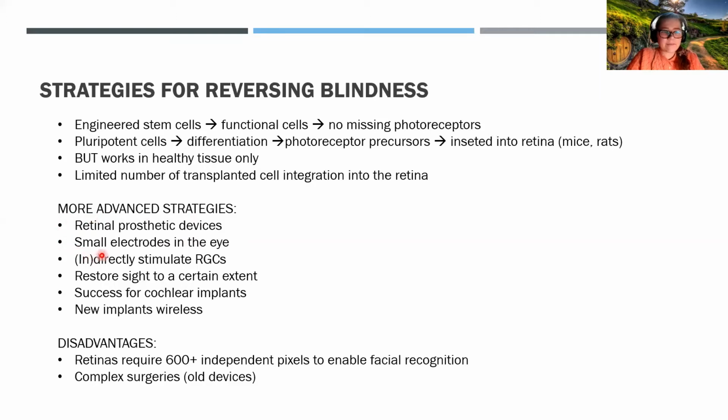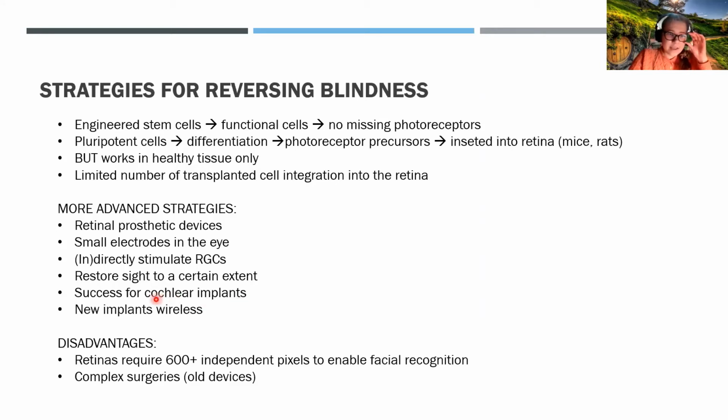Now, more advanced strategies are retinal prosthetic devices. And these are small electrodes that are inserted into the eye, and they directly stimulate retinal ganglion cells and restore sight to a certain extent. And this is exactly how cochlear implants work. They work by electrodes stimulating cochlear cells.